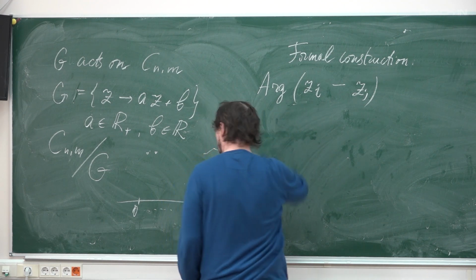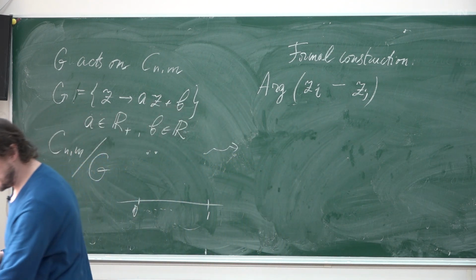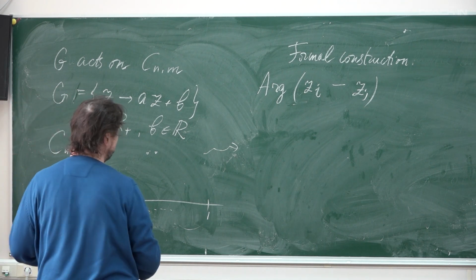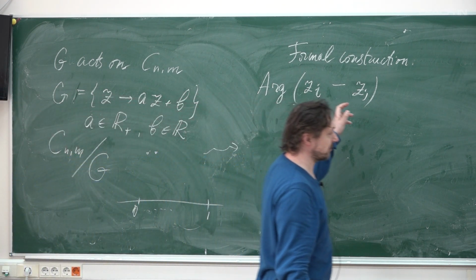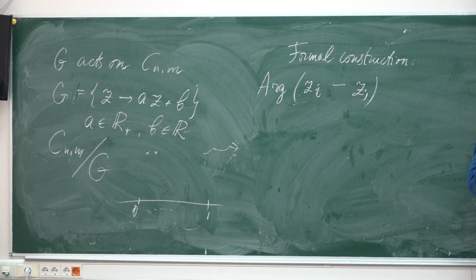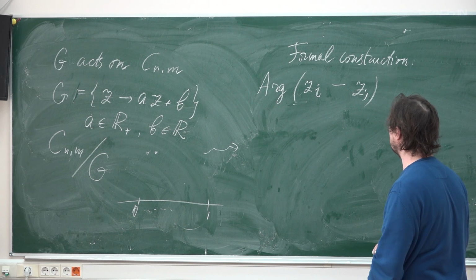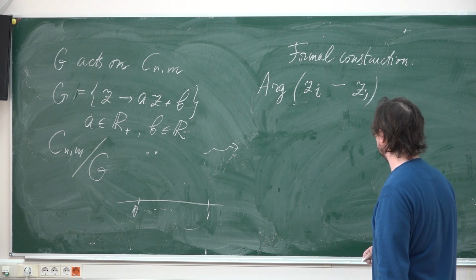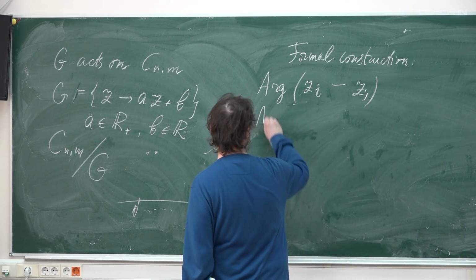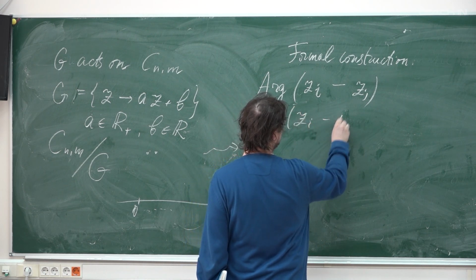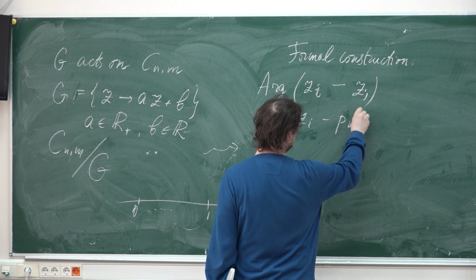This is not enough, unfortunately. I really would like to be able to restore all the configuration from just this data. Of course, if I just know all the angles, it is not enough. Even if I know the angles between Zi and Pk.